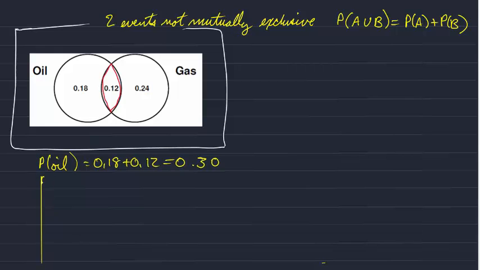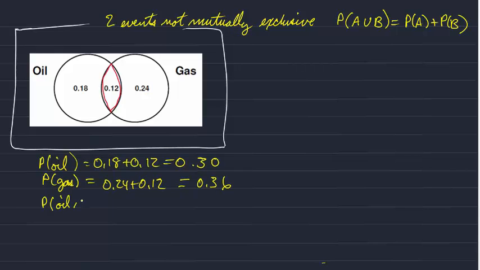The probability of gas is 0.24 plus 0.12, and that's equal to 0.36. The probability of oil and gas is equal to 0.12. That's the area of overlap.